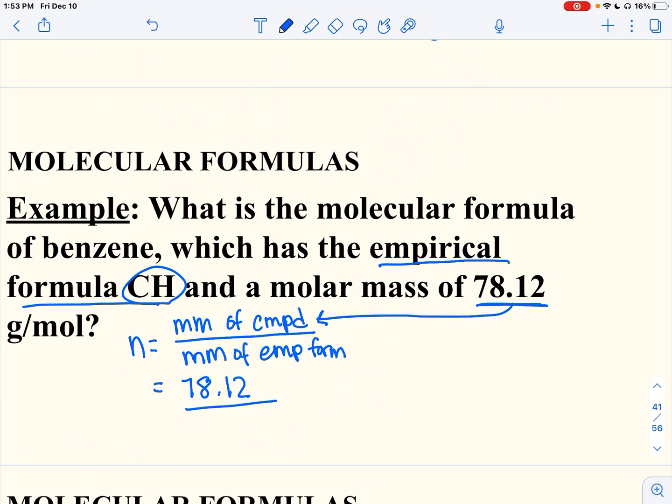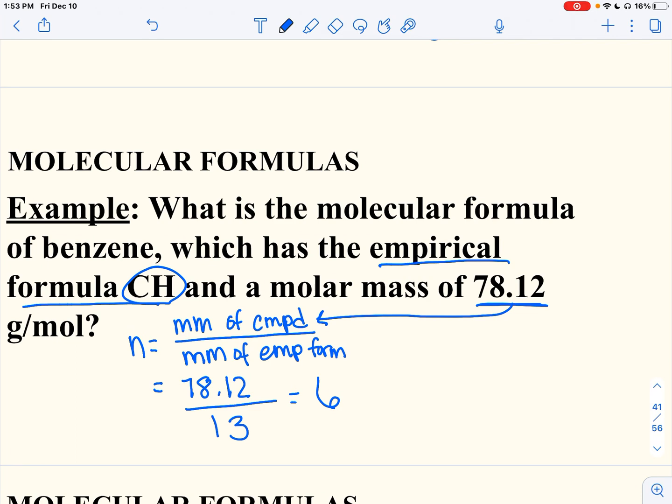To find the molar mass of the empirical formula, you find the molar mass just like you would. You look up the decimal number of C, multiply it by the subscript of 1, decimal number of H, multiply it by the subscript of 1, and add them together. So that's going to come out to 13. When you do that math, you get 6.